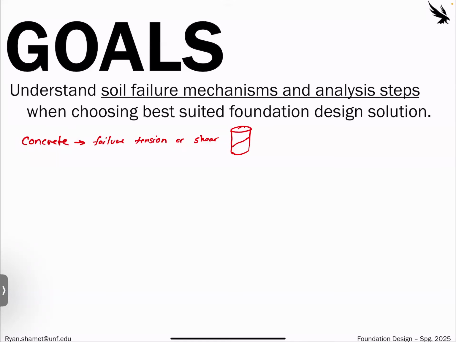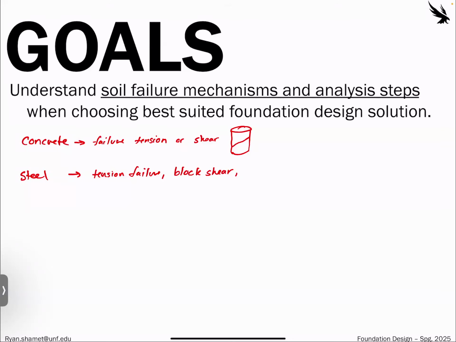So for steel, or structural metals in general, what are some of the failure values that we care about? Tension, yielding, right? This is stress-strain curves, all those little things. So again, we're looking for tension failure. We have block shear.